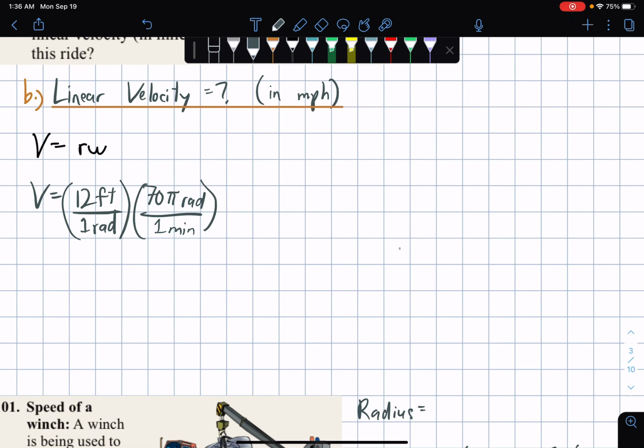So what's next? From feet to minutes, we get miles per hour. So for feet, 1 mile is 5,280 feet.